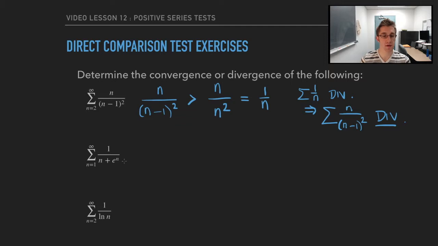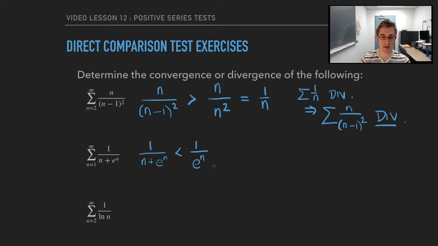For the next one, I do the same thing where I try to simplify the denominator and see what happens. It turns out if I ignore the n here and look at just 1 over e to the n, I'm making the denominator smaller, and so I get a larger thing here. The denominator here is smaller than it is here.